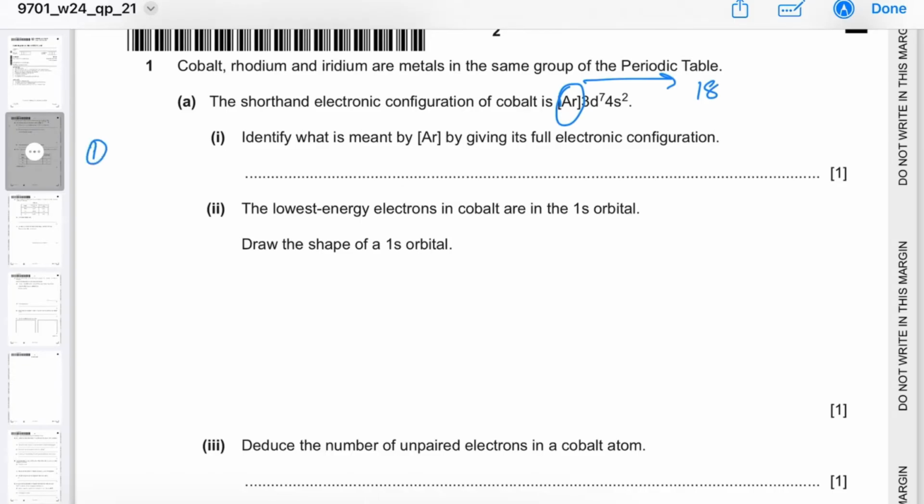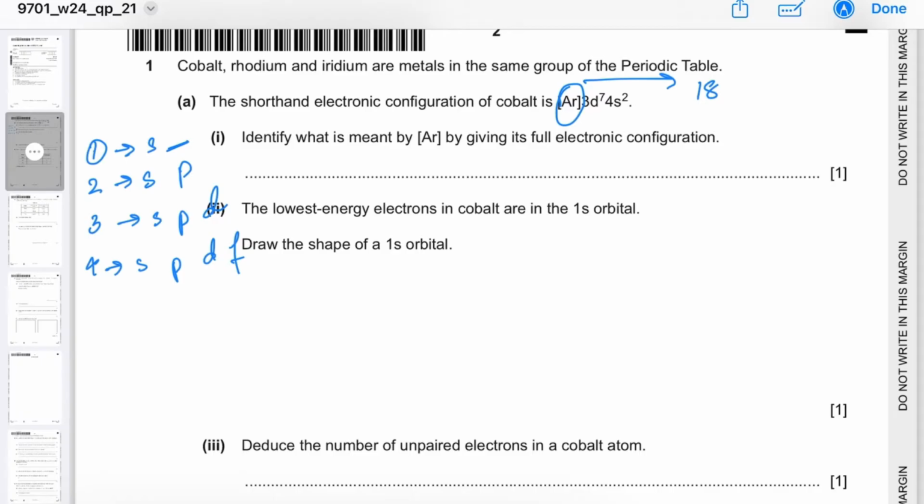Shell number 1 has subshell S, shell 2 has subshells S and P, shell 3 has subshells S, P, D, and shell 4 has subshells S, P, D and F, where the number of orbitals in each shell is different.